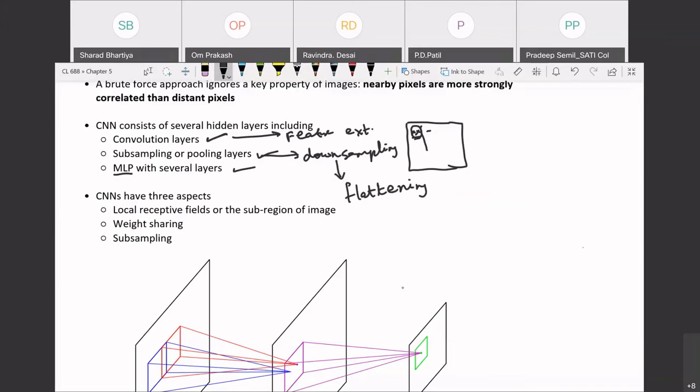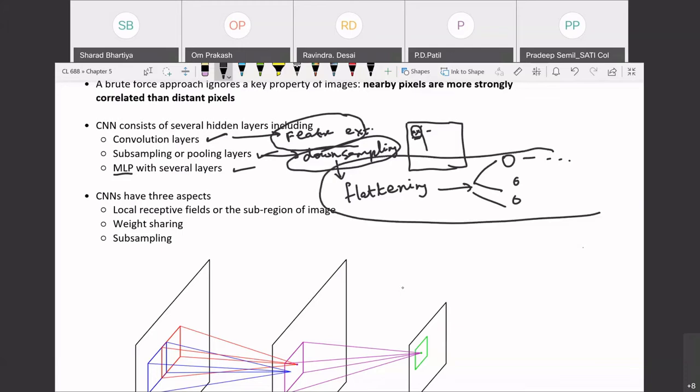This then goes into your multi-layer perceptron, and you can have many convolution layers and many downsampling layers, and the MLP also tends to be quite large. This is what a convolution neural net is. It can have 30, 40 layers, and they work.